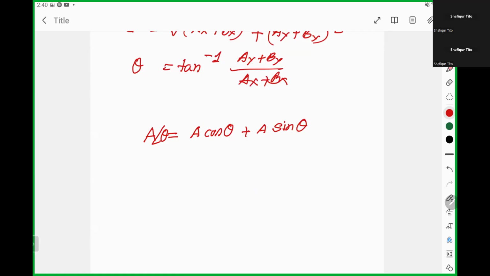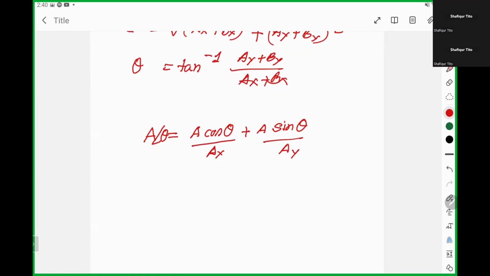That's what we have done, right? This is one way of representing the rectangular form. This is actually Ax and this is Ay, right?